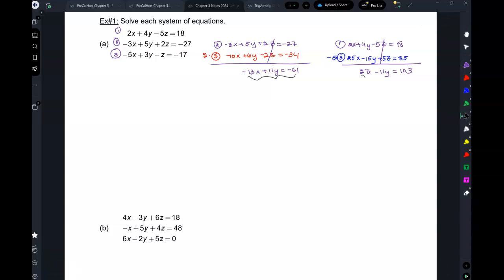I take this one and this one together: negative 13x plus 11y equals negative 61, and 27x minus 11y is equal to 103. Oh my gosh, look at how wonderfully that worked out. Right? So these cancel out. So I get 14x is equal to 42. X is equal to 3.